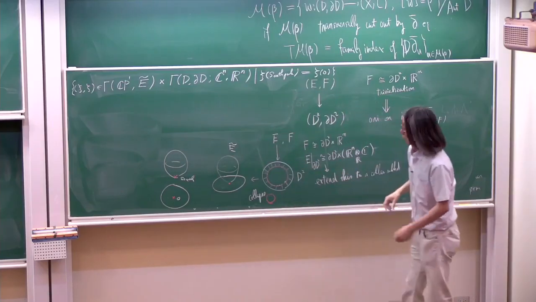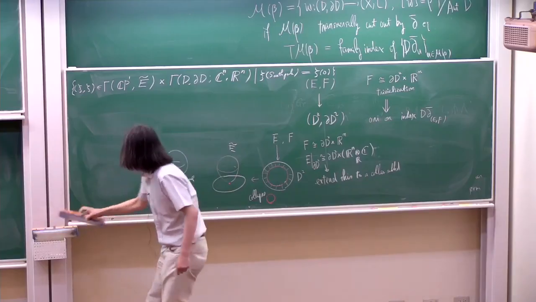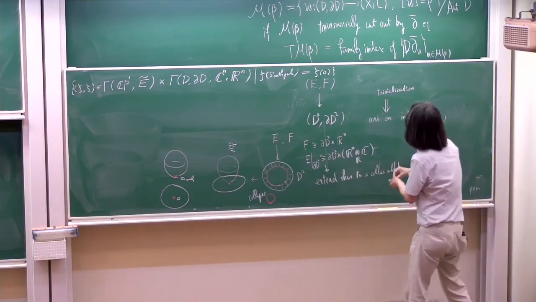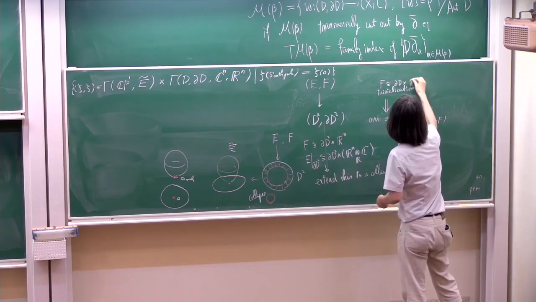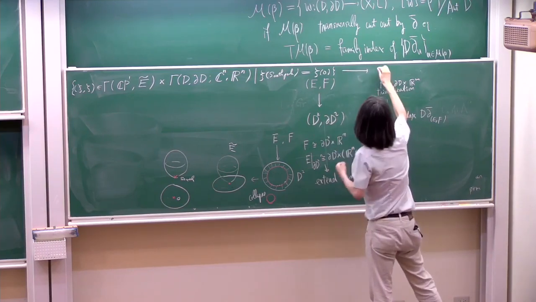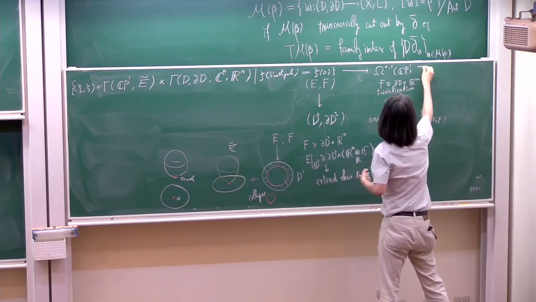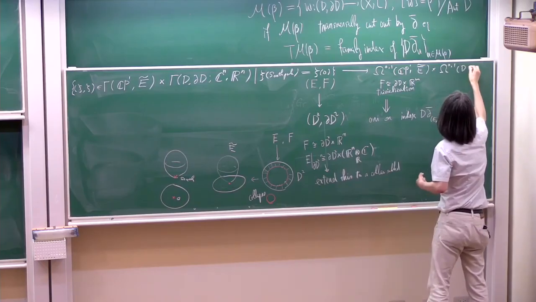So we consider such a subspace, just a coincidence condition at this interior point. And then the target is just a product, Omega 01 of CP1 and E tilde, and then Omega 01 of D of this Cn.